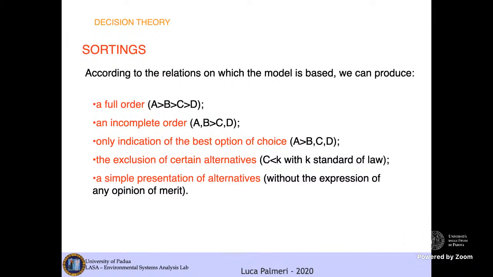Sorting, according to the relationship of preference on which the model is based, we can produce a full order, A larger than B, B larger than C, C larger than D, or an incomplete order, A and B are larger than C and D, or only an indication of the best option of choice, A is better than all the other choices, the exclusion of certain alternatives, for example, alternative C is excluded due to the fact that there is a threshold provided by standards of law that is not acceptable, or a simple representation of alternatives without the expression of any opinion of merit.